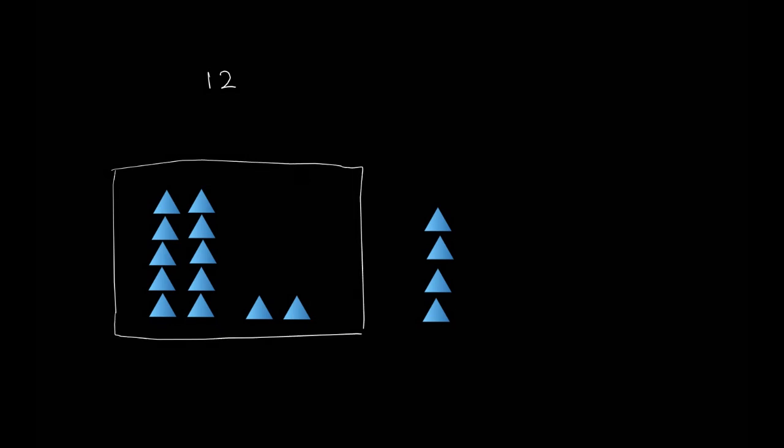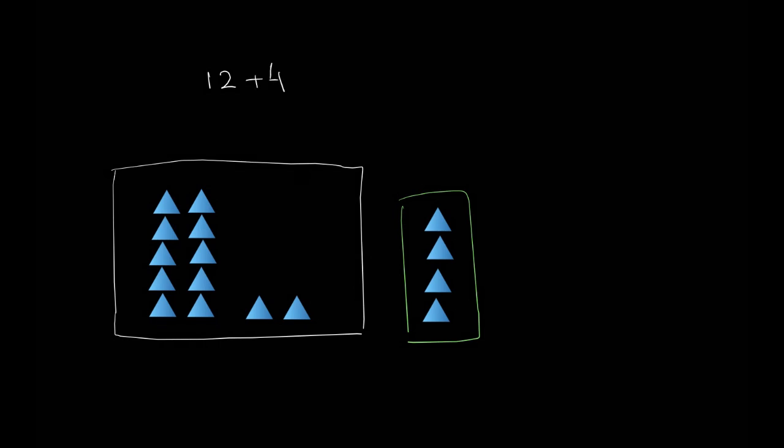So now we have another problem. As you can see, we have 12 blue rectangles right over here. And I can write down, here are the 12 blue rectangles, and I want to add 4 more into it. So I want to figure out what is 12 plus 4.